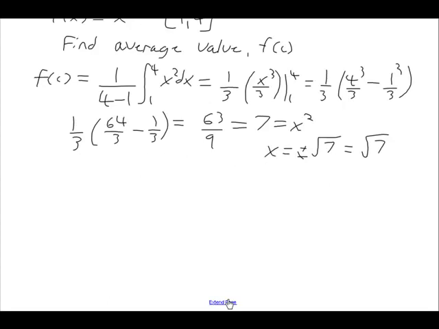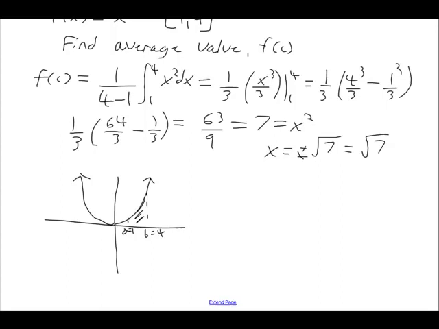And let's take a quick look at a graph to kind of reinforce what we're doing with that. And this is a graph that's hopefully familiar to you. We do a lot of examples with this curve. So if we're going from 1, our a value, to 4, our b value, we're saying that this area here is equal to this integral, which was 63 over 3.